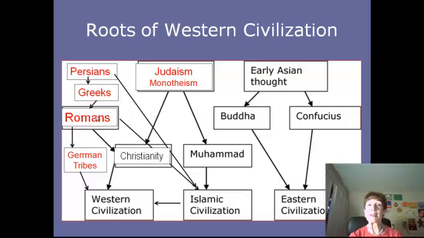One of the features that they took was, ironically, Christianity, because the Romans had adopted Christianity. So all these groups, the Jews, the Persians, the Greeks, the Romans, all of them had a strong influence on Christianity, and then the Germanic tribes that converted to Christianity are the ones that became Western civilization. And that's our topic for this semester.